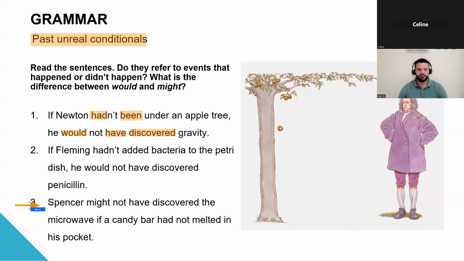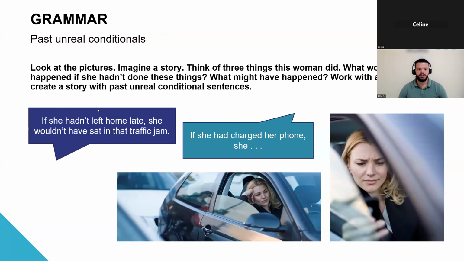Celine, this is microwave, microwave. Excellent, microwave. All right, so let's put this to practice. Here, you can see the examples. So let's take a look at the examples that we have here.